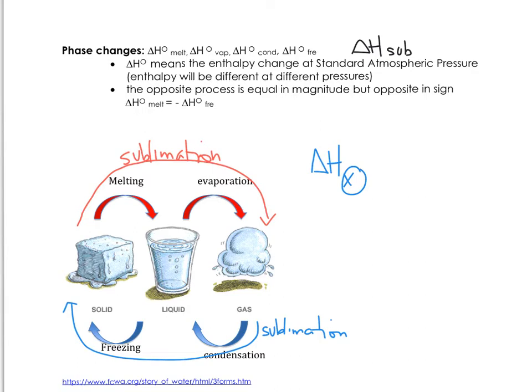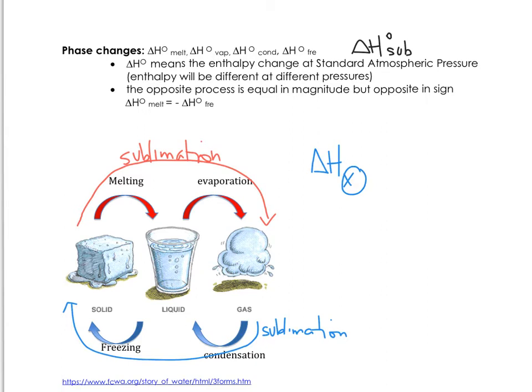Now, this superscript 0 means that the enthalpy change is at standard atmospheric pressure, right? Because enthalpy will be different at different pressures.